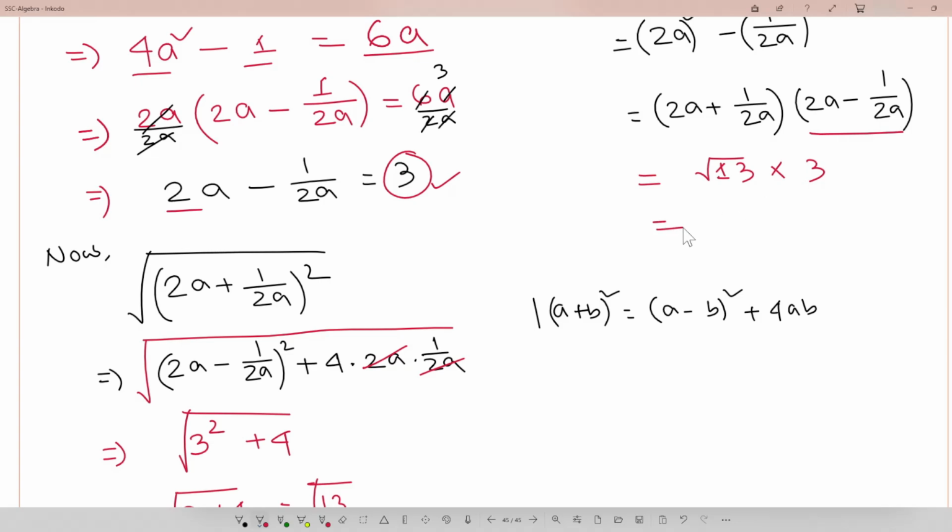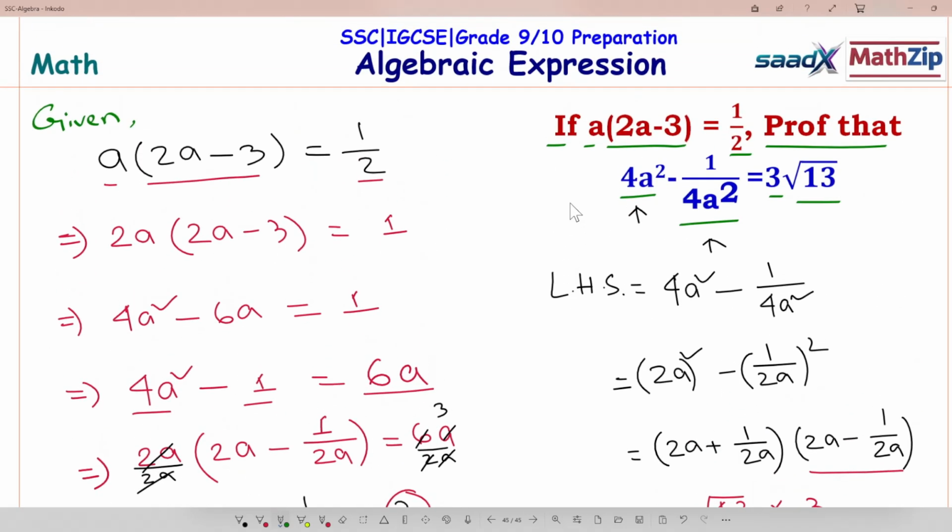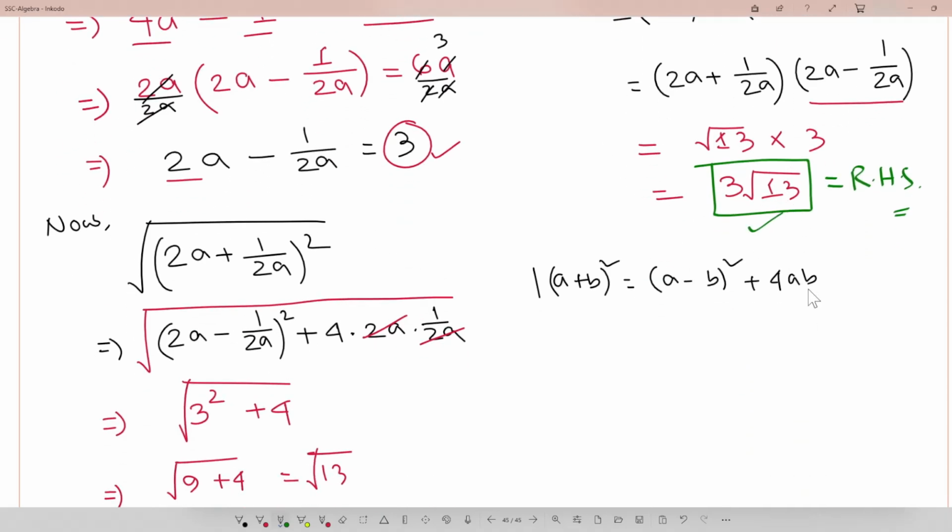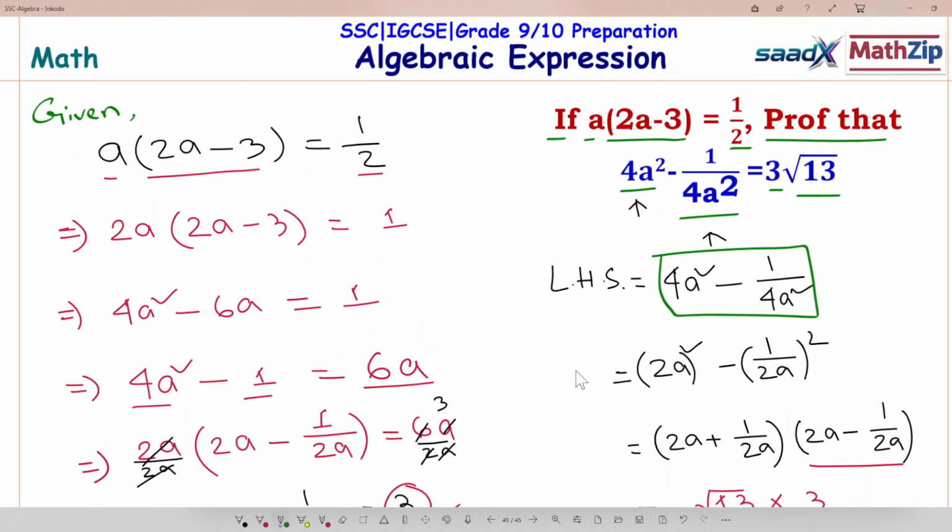So this one we can write 3 root 13, and this is our answer. And we can say this is the right hand side, because our target is to find out the value of 4a square minus 1 by 4a square equals 3 root 13. So from here to here everything is perfect. So I hope you clear this one.